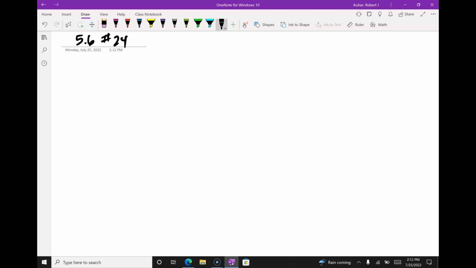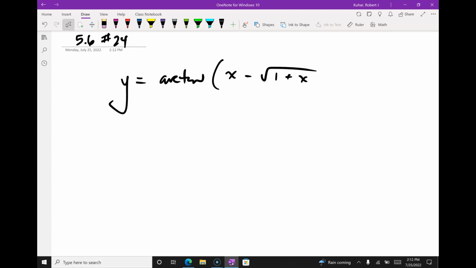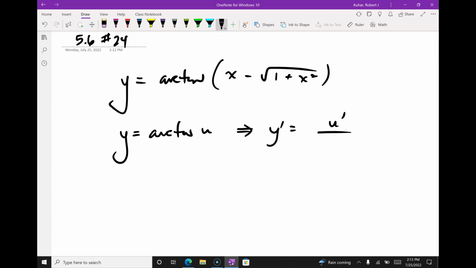We're trying to find the derivative of y equals the arctan of x minus the square root of 1 plus x squared. Yuck. Well, I have this formula written down. I know if y is the arctan of u, then y prime is u prime over 1 plus u squared.